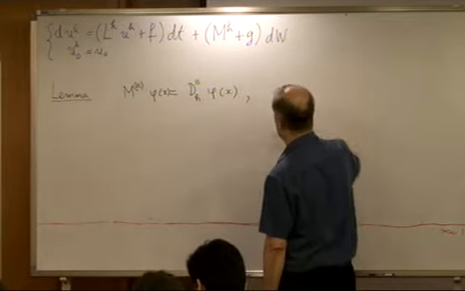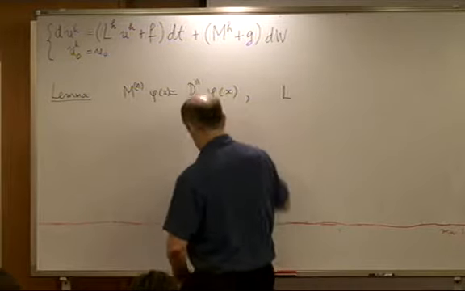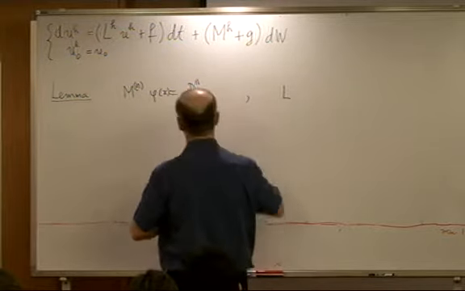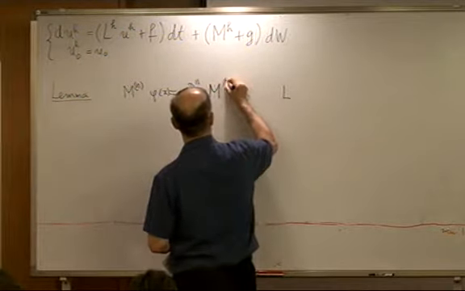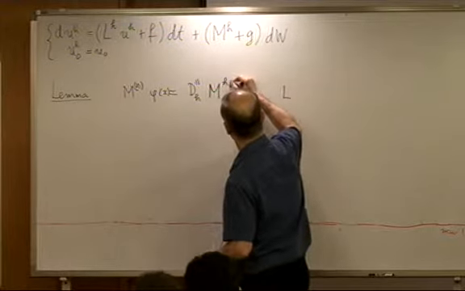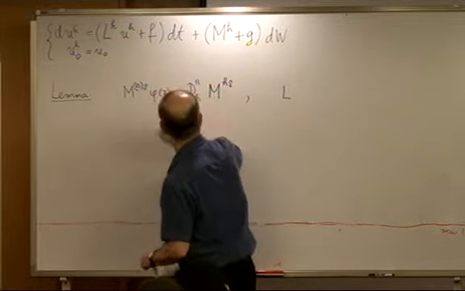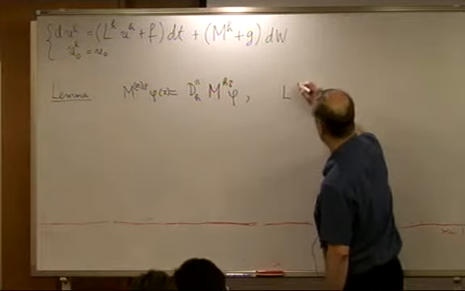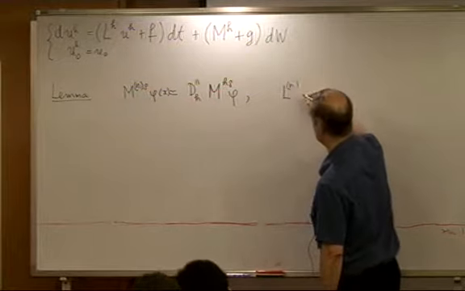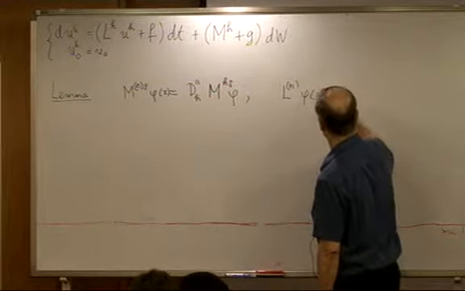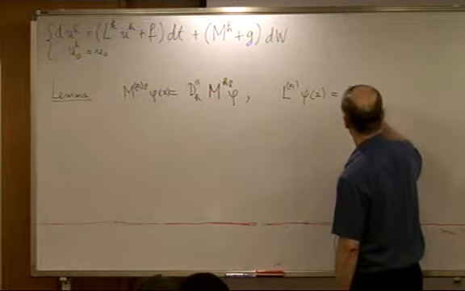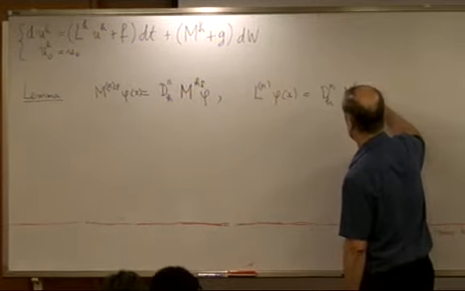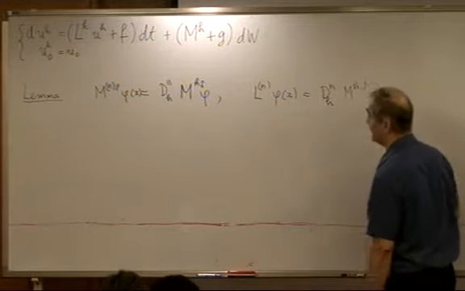Similarly for L, and there is also a rho in that case here. We also write rho on phi, and similarly for L^n acting on phi, the derivative in h of order n of L^h phi.